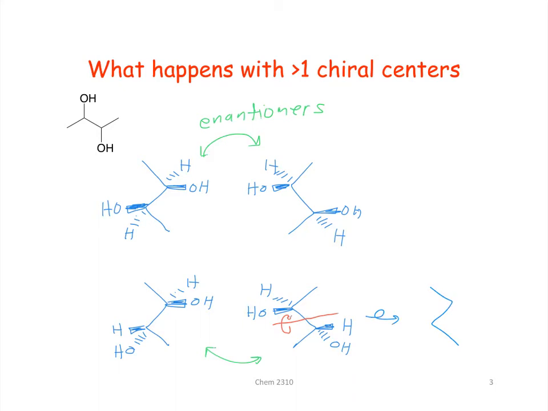So this carbon here is going to rotate up to the top, be facing that way. So this OH has a dashed line. When we rotate it 180 degrees, it's going to end up with a wedged line, right? Because we've flipped this over.